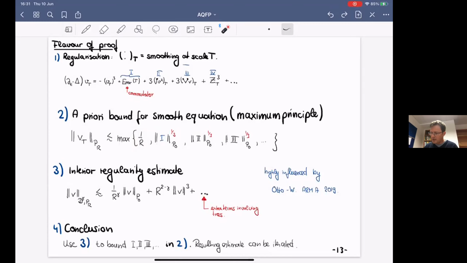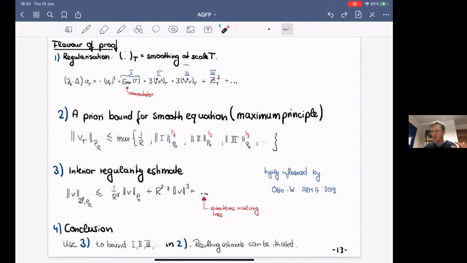And now this is the bit where we basically use this whole theory of regularity structures, which allows us to control products like that. We had to rewrite this a little bit, well, actually a lot, from the way Martin had written it down, but the way we use this is as an interior regularity estimate.